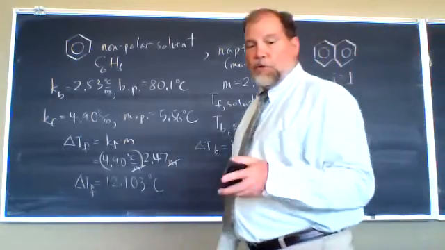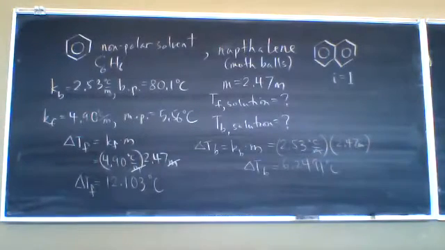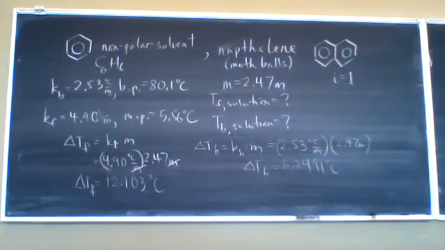Now, students often stop at this step because the people who make tests list those as actual possibilities for the freezing point and the boiling point. But that's not what we've calculated. We've calculated the freezing point depression. We've calculated how low the freezing point can go. And so we still have one more step.